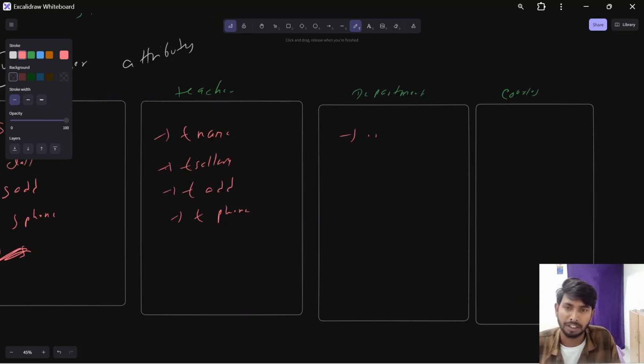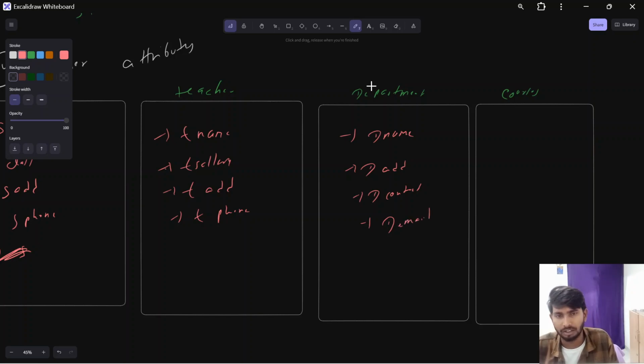Department has some department name, some department address or contact, like department email. Courses. There is a course name. Then courses have some fee, course duration like that.